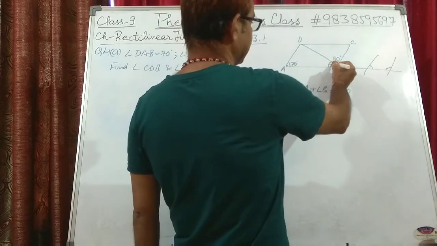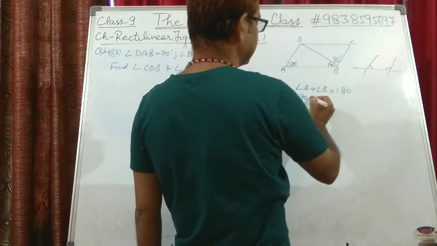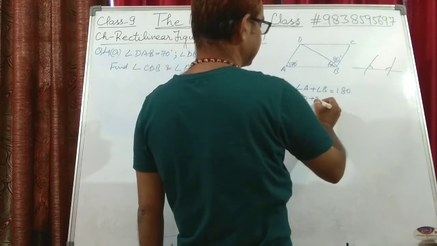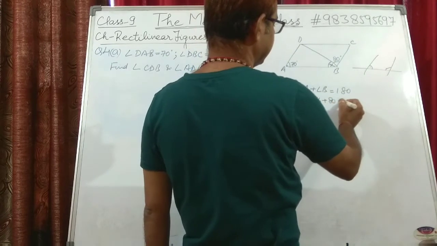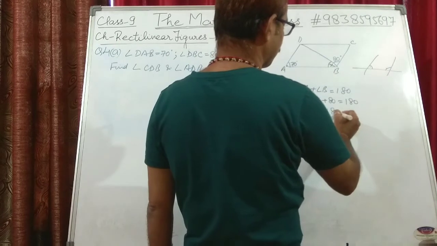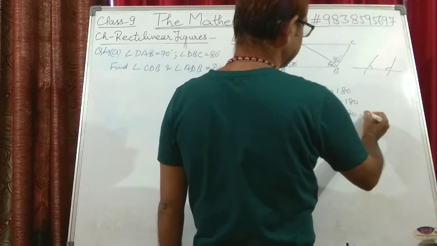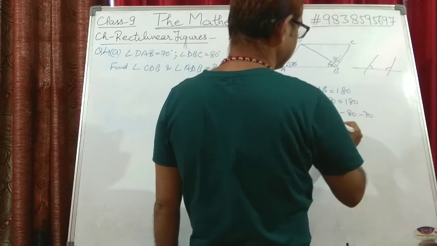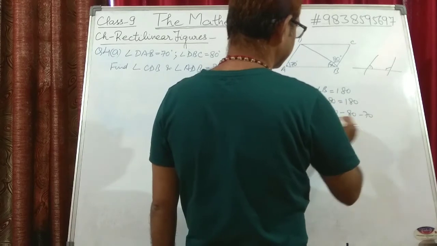Let us take it as x. It means A is 70, B is x plus 80. X plus 80 is equal to 180. So x is equal to 180 minus 80 minus 70. That comes out to be 30 degrees.